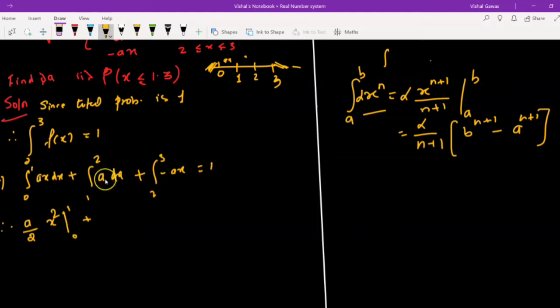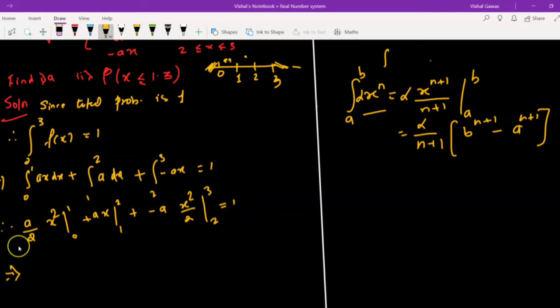Plus, there's no x here, so the power of x is 0. Put n equal to 0 here, so what you get is x, from 1 to 2, with a out. Plus minus a comes out, and then again you get x squared by 2, from 2 to 3. And this is equal to 1, of course.